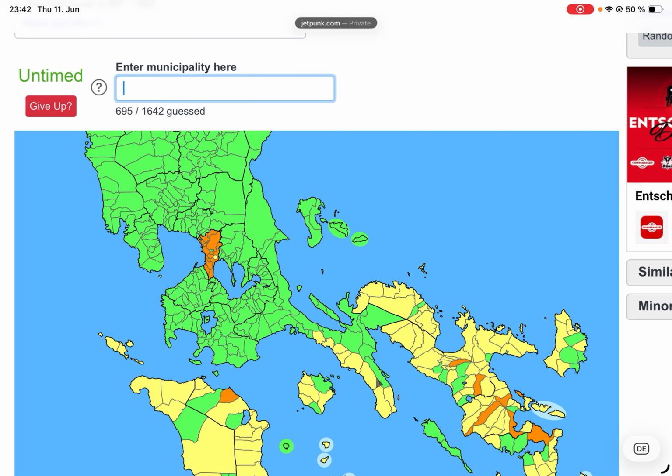We already named San Narciso here, so let's continue here with San Andres, San Francisco, Mulanay, Catanauan, General Luna, Macalelon. This should be Pitogo. Okay, and the last one here in Quezon is Unisan.